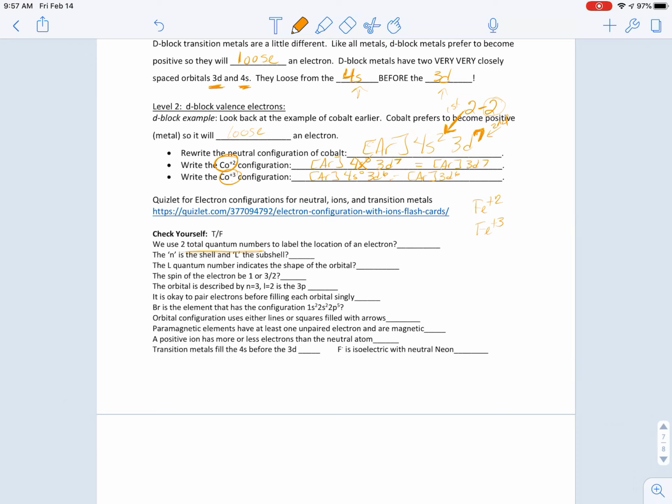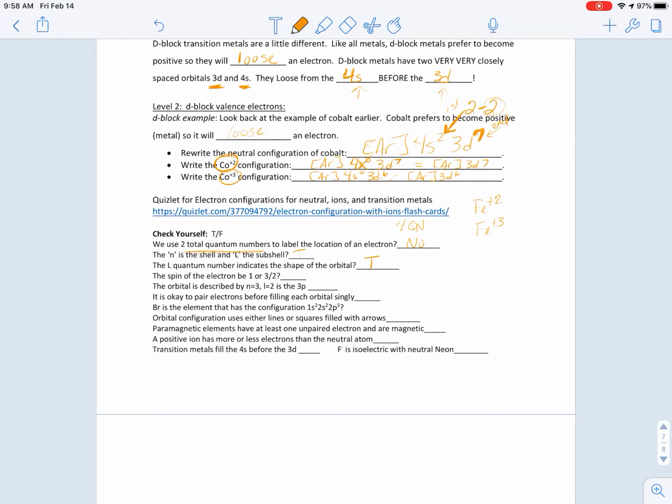Do we use 2 total quantum numbers to label the location of the electron? No. You need a total of 4 quantum numbers, and the first 3 tell us where the electron is, and the last one tells us which it is. Is the n the shell and the l the subshell? Yes, true. The l quantum number indicates the shape of the orbital. That is also true. It's the s, p, d, or f.